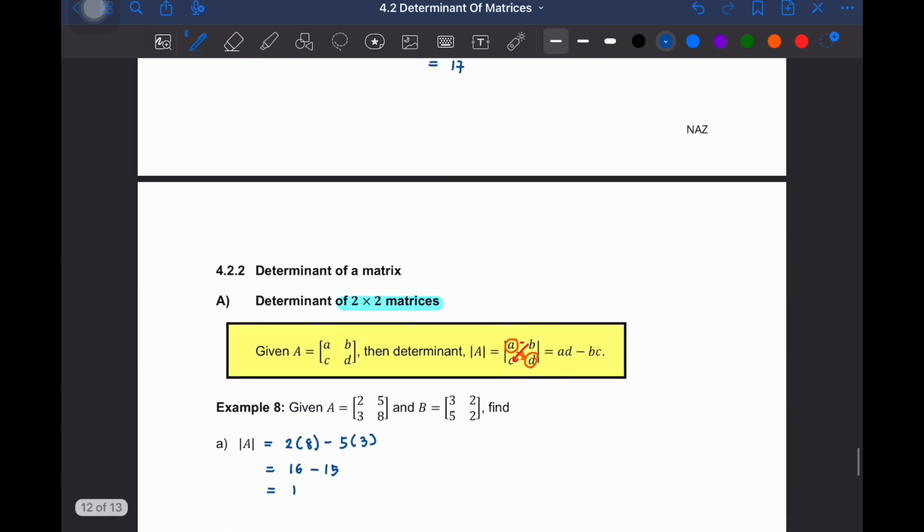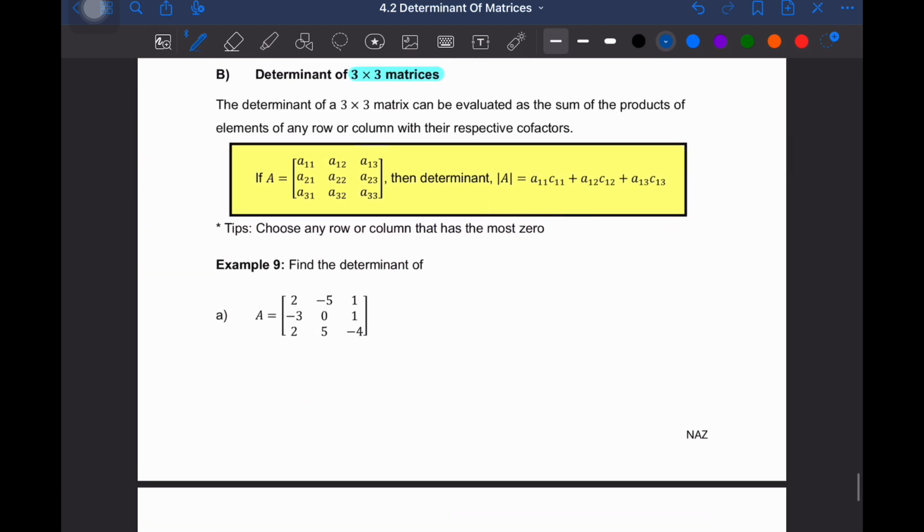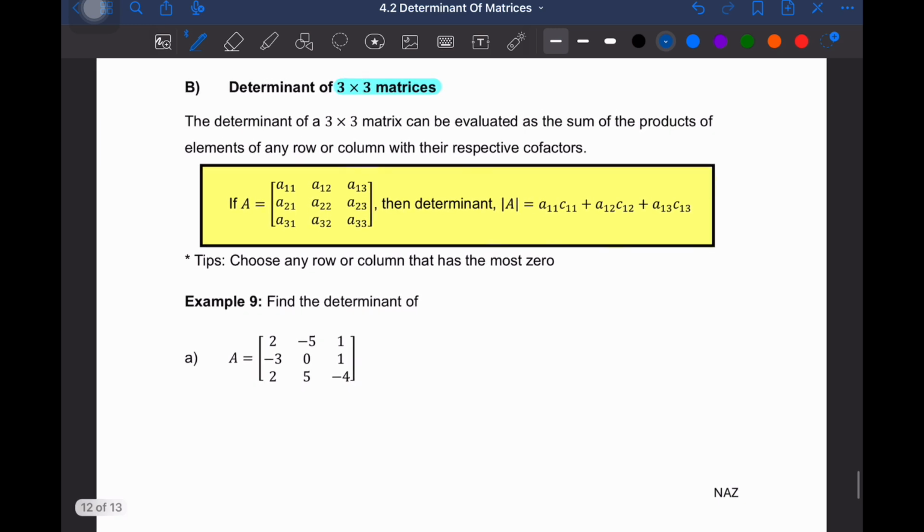Okay. So now let's continue in finding the determinant of 3 by 3 matrices. The determinant of a 3 by 3 matrix can be evaluated as the sum of the products of the elements of any row or column with their respective cofactors. Let's say from this formula, I want to use the first row.